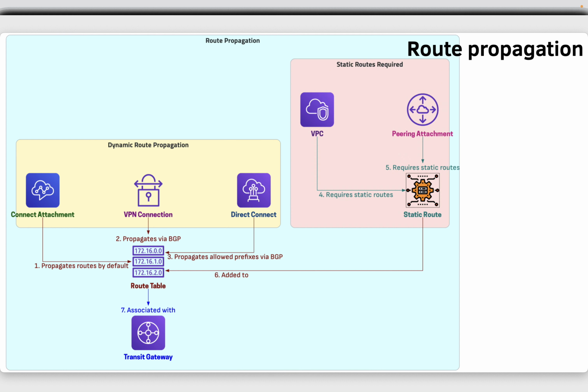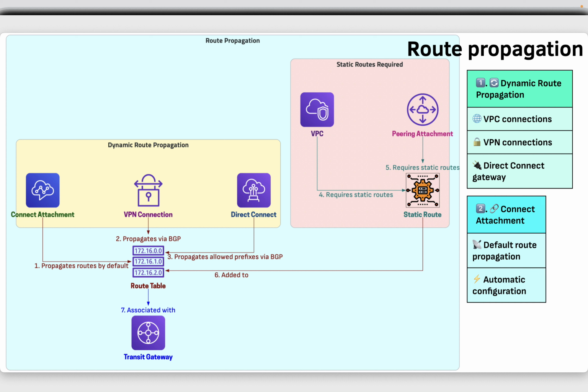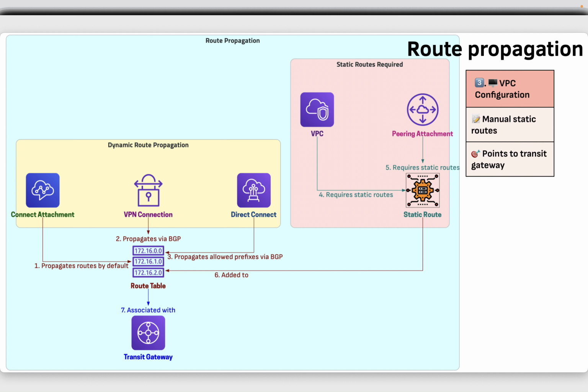Route propagation. A VPC, VPN connection, or Direct Connect gateway can dynamically propagate routes to a transit gateway route table. With the Connect attachment, the routes are propagated to a transit gateway route table by default. With a VPC, you must create static routes to send traffic to the transit gateway.